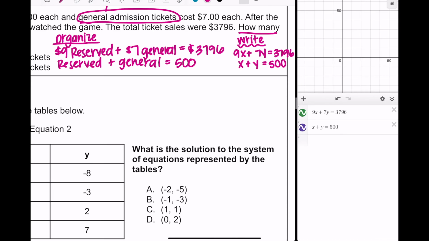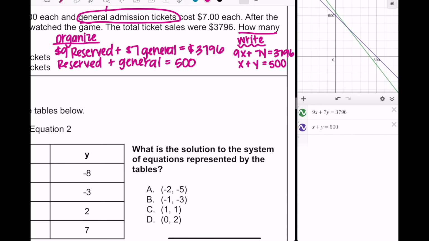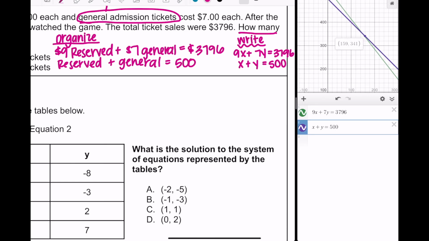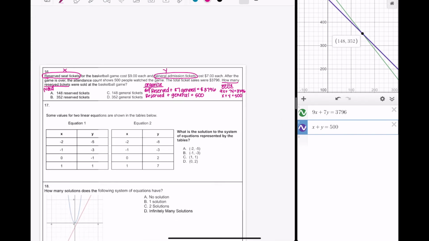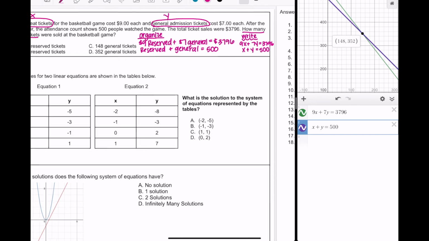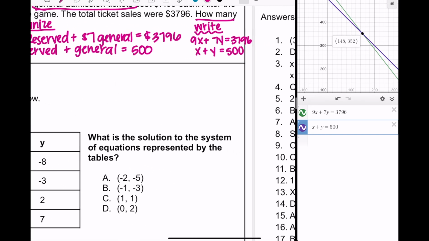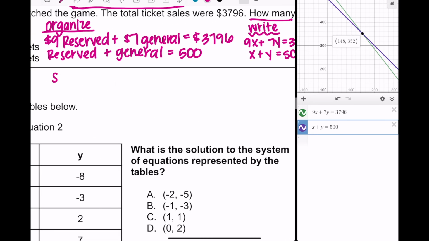All right, I'm going to have to zoom out quite a bit here because we're up in the 500s at least. X plus y equals 500. So my solution point, let's see, I'll have to go down here some.